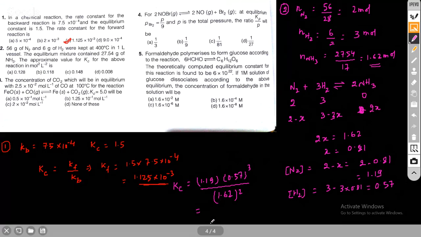What is the answer you are getting here once you solve this? Tell me the answer. Oh, sorry, it should be product by reactant. Correct. So I'll write here 1 by Kc. Okay. What is the answer of Kc you are getting? Yeah, correct, correct.